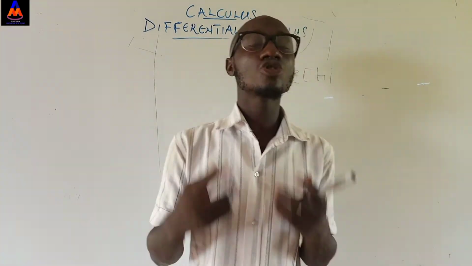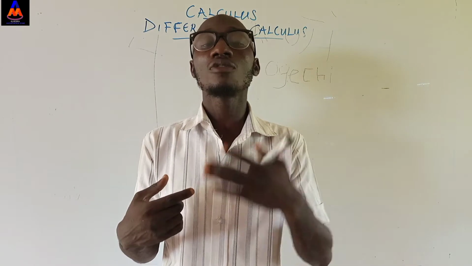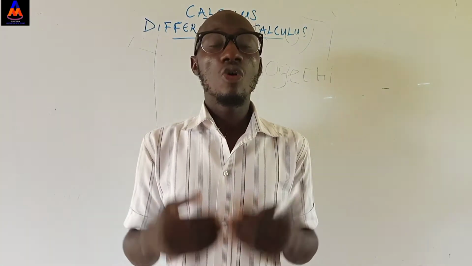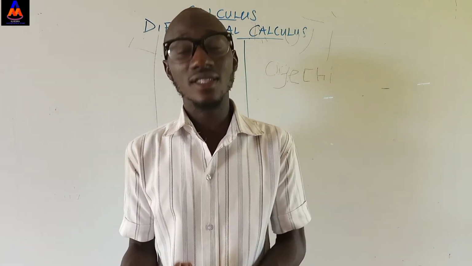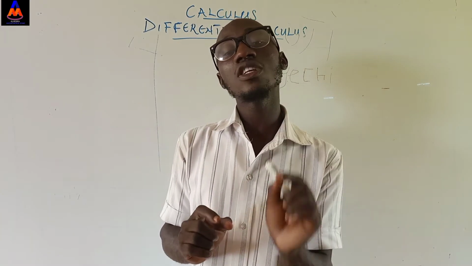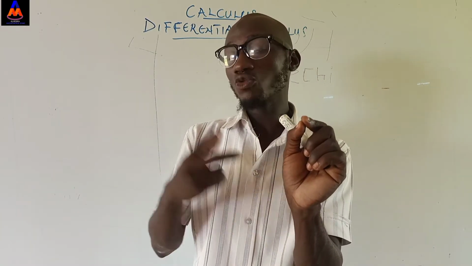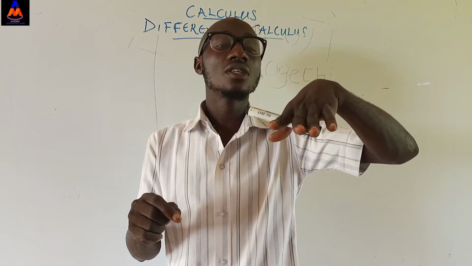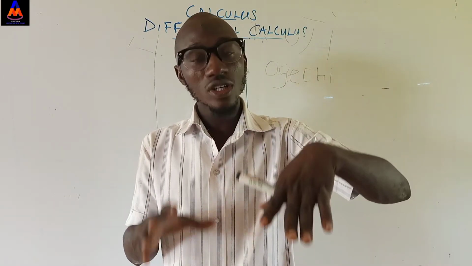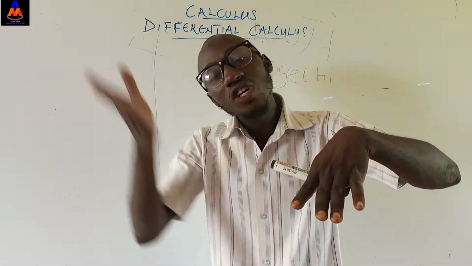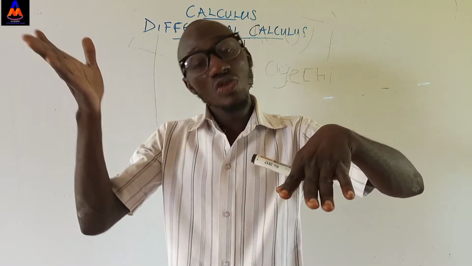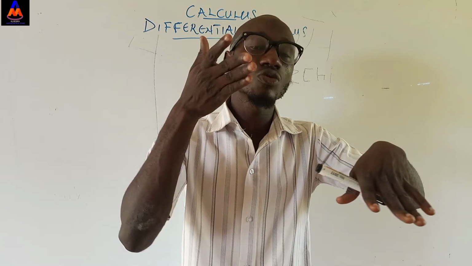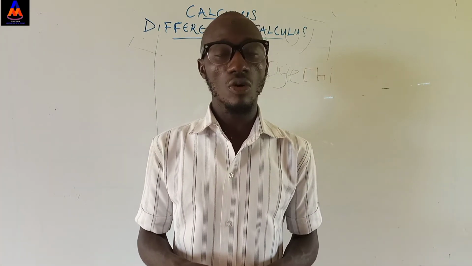So in that case, we don't normally select 2 points when we are looking for the gradient of a curve graph. What we do instead is that we select only 1 point. Instead of 2 points, we select only 1 point. Then on that point of the parabolic curve, we are to draw a straight line, which will be the tangent to that parabolic curve.